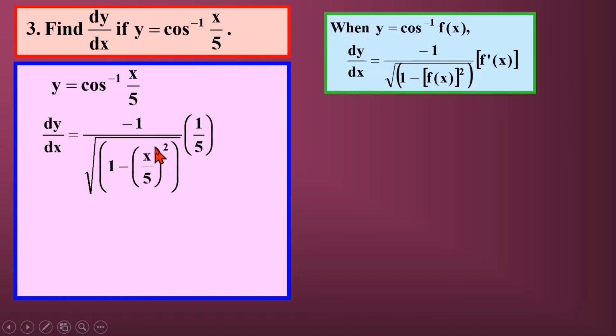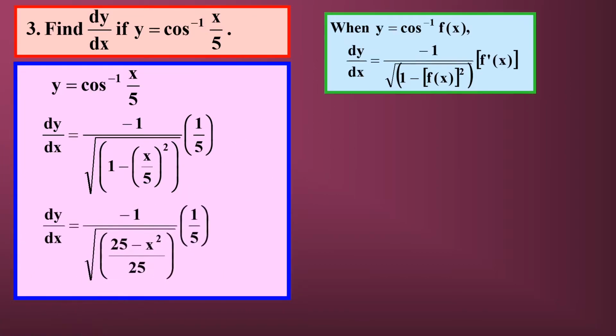So we are going to put in x over 5 squared. Differentiate x over 5, we have 1 over 5. Now, once we have x squared and 5 squared, we will have 25. We are going to combine them to 25 times 1, we have 25 minus x squared.